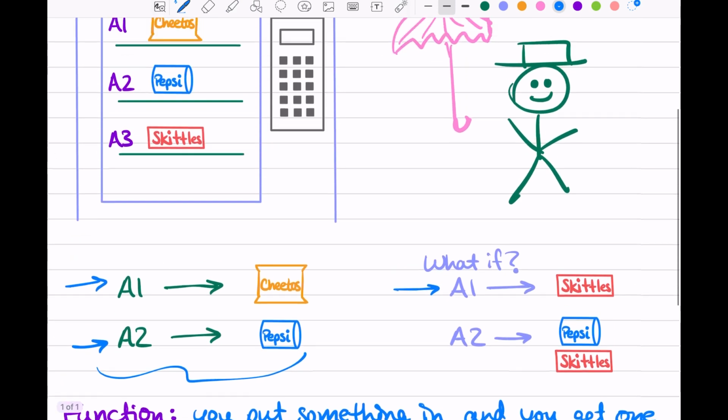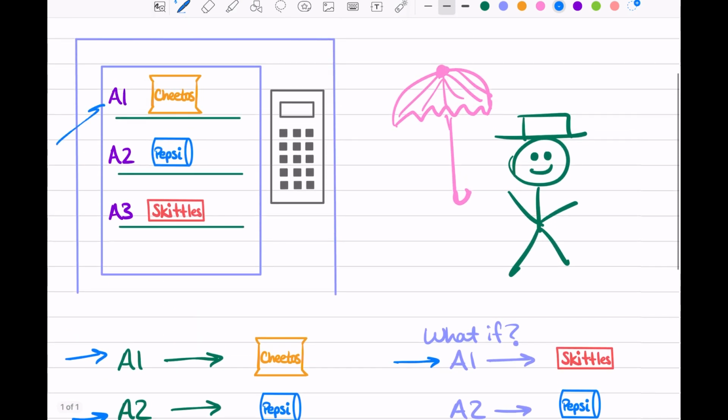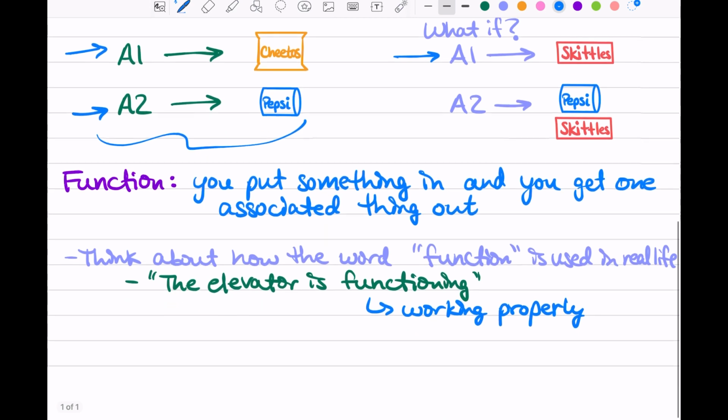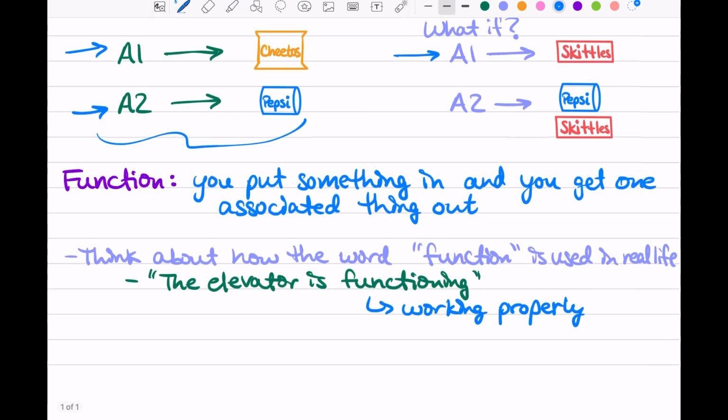And that's how our vending machine works. We put in our A1, we want to get our Cheetos out. We type in A2, we want to get our Pepsi out. And it looks like no one wants Skittles, so we're not even going to worry about that. In a similar way, let's say you have a broken arm. You fell down and broke your arm, and you're going to the hospital. You go to your doctor, and what do they do?